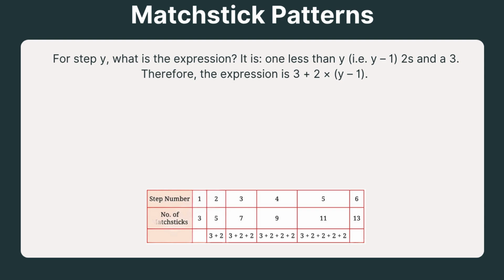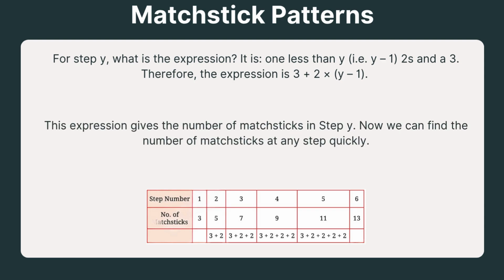It is 1 less than y, that is y minus 1, times 2s and a 3, where s stands for the number of matchsticks. Therefore, the expression is 3 plus 2 into y minus 1. This expression gives the number of matchsticks in step Y. Now we can find the number of matchsticks at any step quickly.